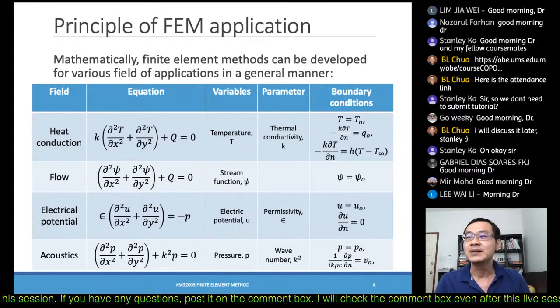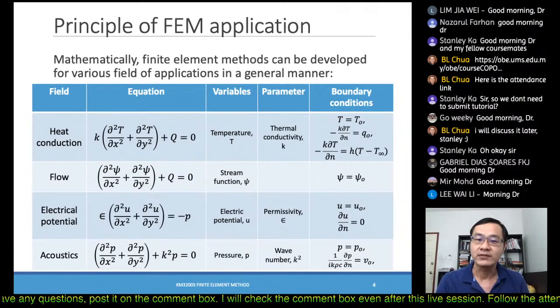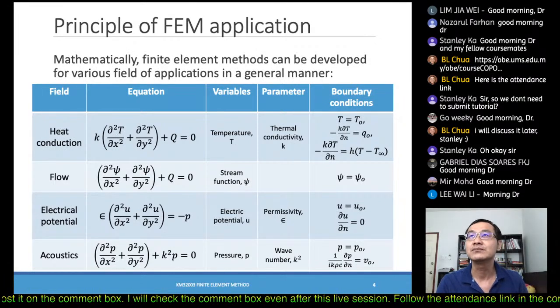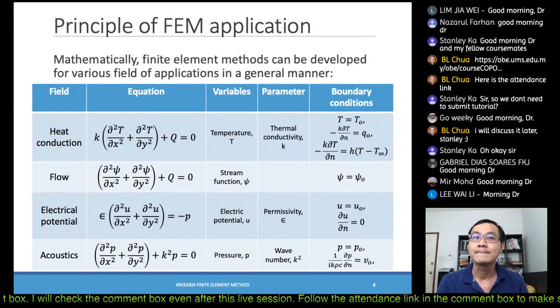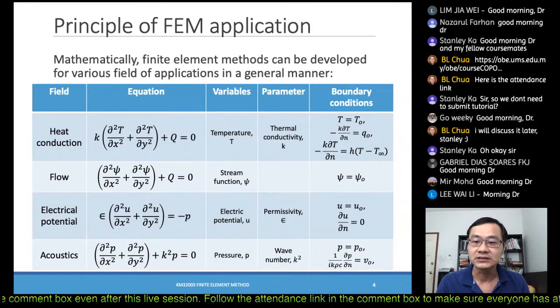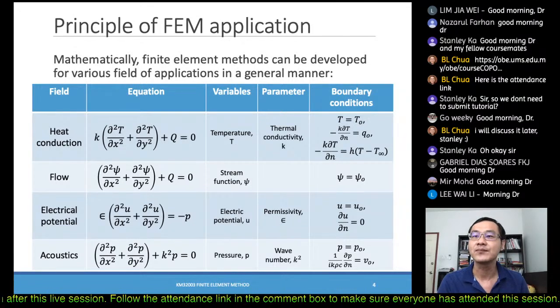Mathematically, finite element methods can be developed for various fields. As you have seen previously, we derived mainly for the structural, but we can always use the same concept for different applications.